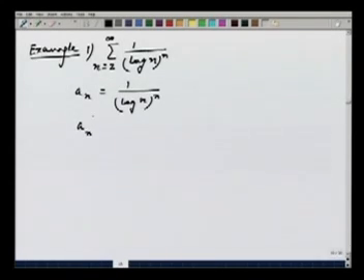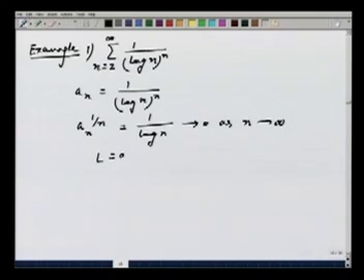That means an to the power 1 by n is 1 by log n. Okay. This goes to 0 as n goes to infinity. So in this case L equals 0, which is less than 1. Okay. That implies the series converges.